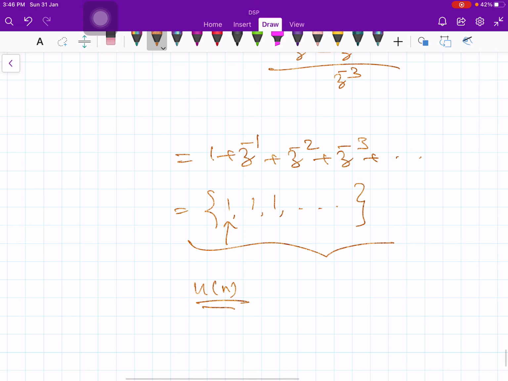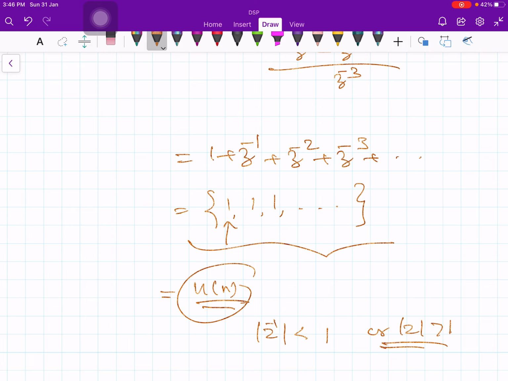So that's how one can find the inverse Z transform of the given function. Therefore the required sequence is u of n. Now what is the ROC of this? Obviously this series converges if mod of Z inverse is less than 1, or mod of Z greater than 1, right-sided sequence. The ROC is outside the unit circle.